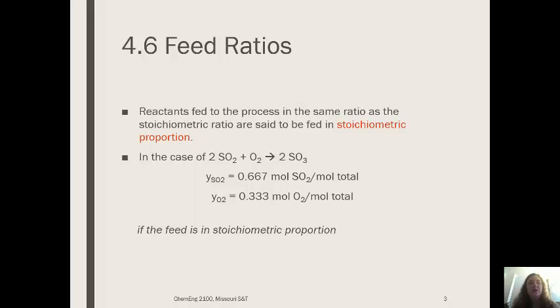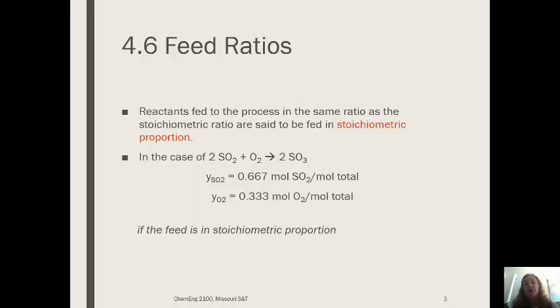We are going to want to talk about whether or not things are being fed into the reactor in stoichiometric ratio or stoichiometric proportion. So the easiest way to do this is look at all of the reactants. Okay, I need 2 moles of SO2 and 1 mole of O2.